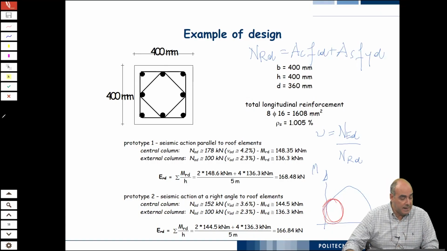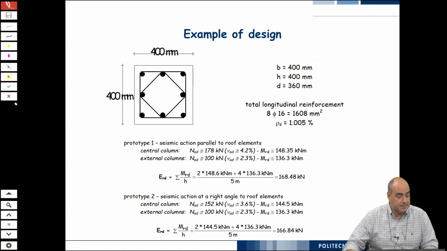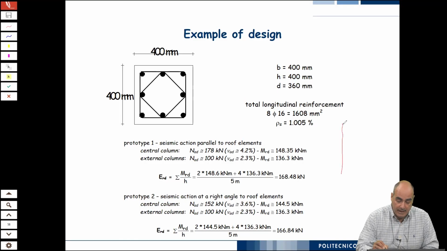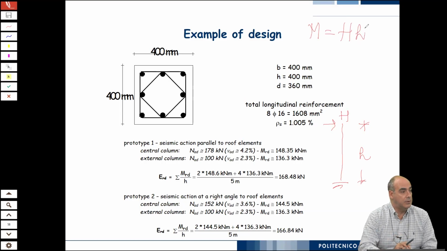So this is what you have to do. And what we did at this point, well, very simple, because here we had to design the experiment, so we had to come up with very simple numbers. We said, okay, I know that my column will behave like this, so my bending moment at the bottom will be capital H times the height of the column.